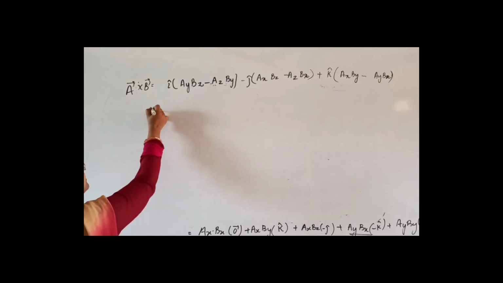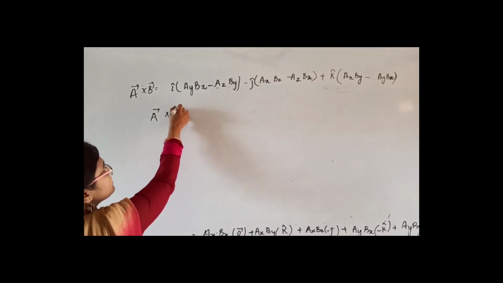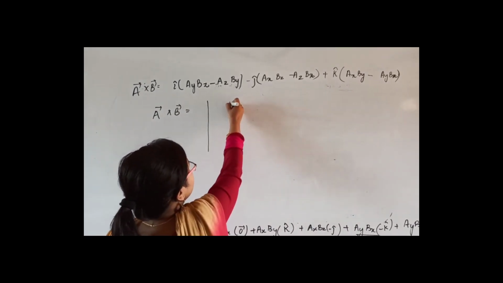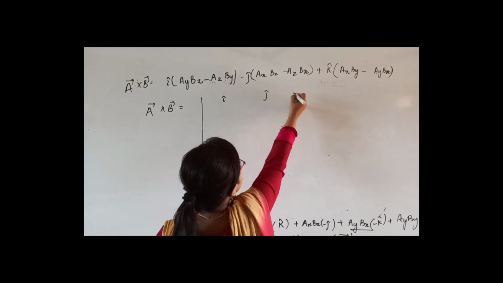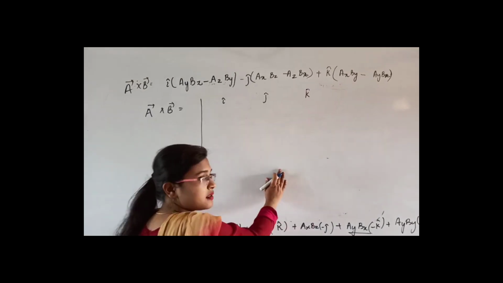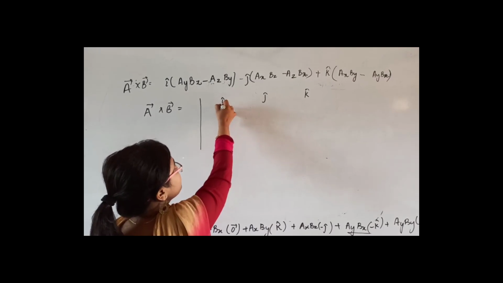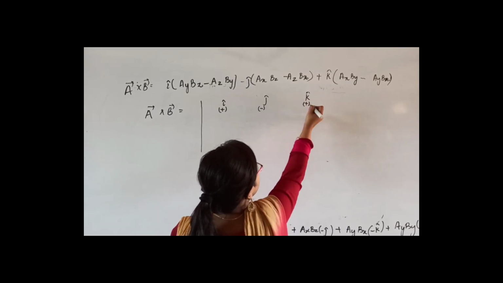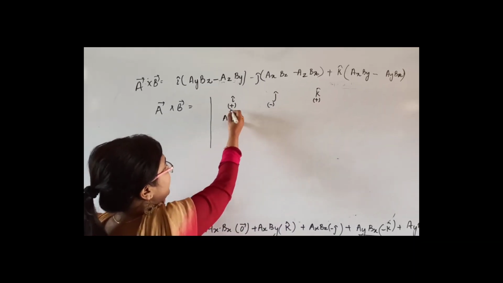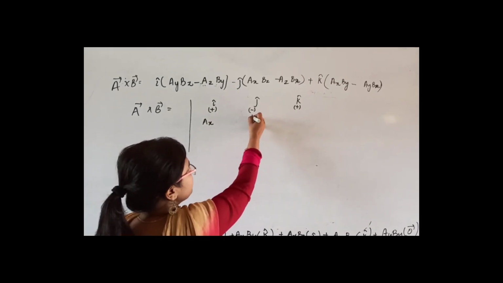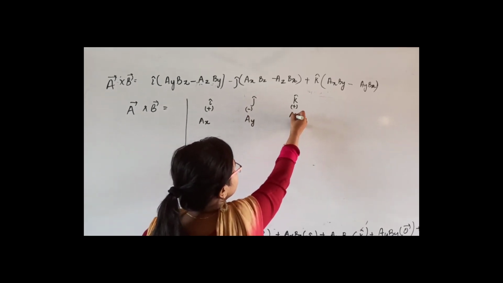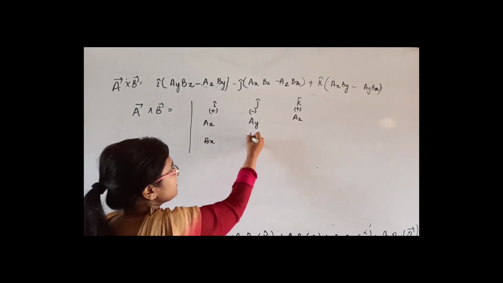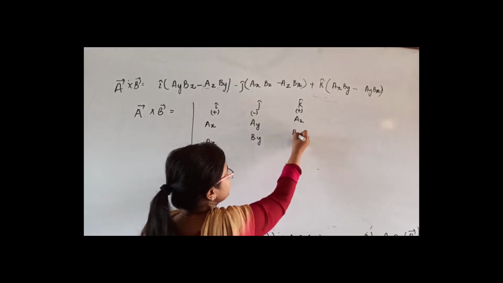That is, a cross b can be written as a determinant: i cap, j cap, k cap. For convenience, we can give the sign convention. For i cap it is ax, for j cap it is ay, and for k cap it is az. Similarly for b, it is bx, by, and bz.